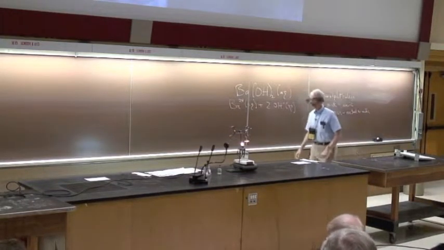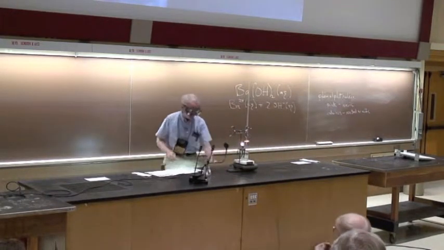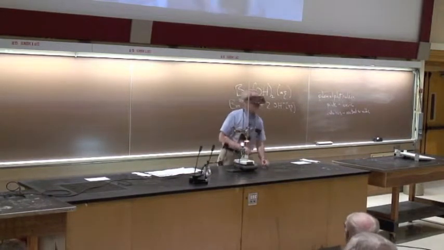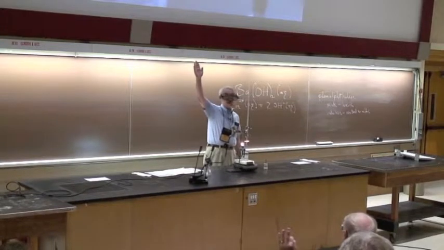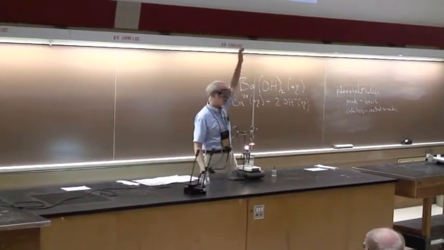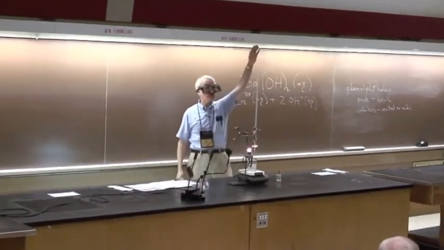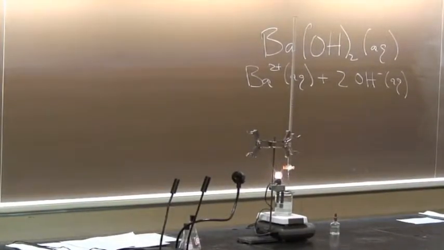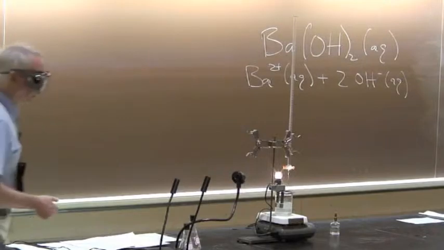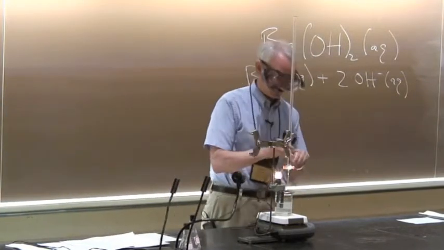So I'm going to put the phenolphthalein in here, and how many think it will turn pink? And how many think it will not turn pink? Marie, what do you think? It will turn pink? Okay. Well, let's try it.